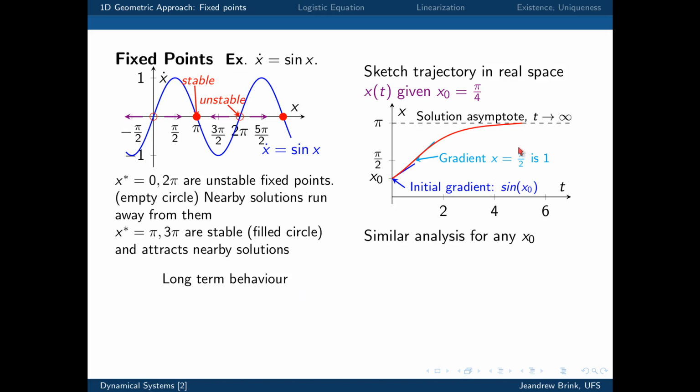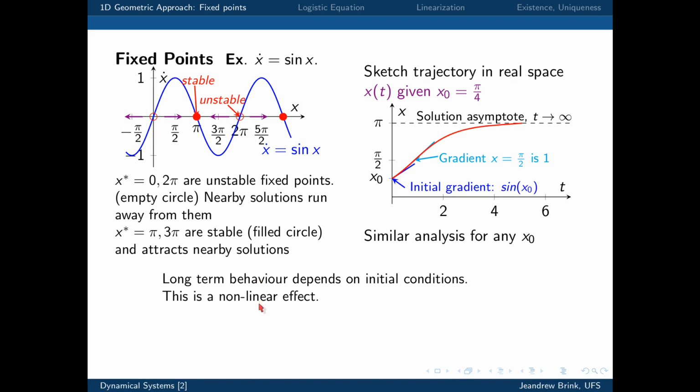Okay, so the long-term behavior in this particular graph is dependent on the initial conditions. Every graph where x0 starts in this regime is ultimately going to go to pi. But if you start over here, between 2 pi and 3 pi, you're going to go to a different long-term behavior.